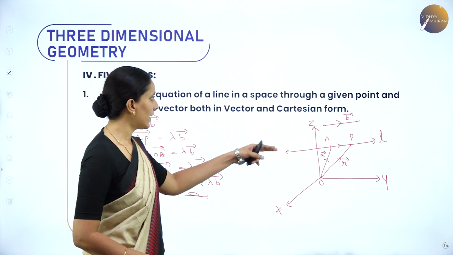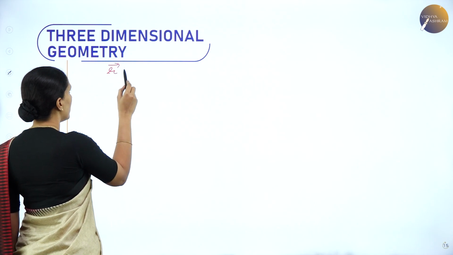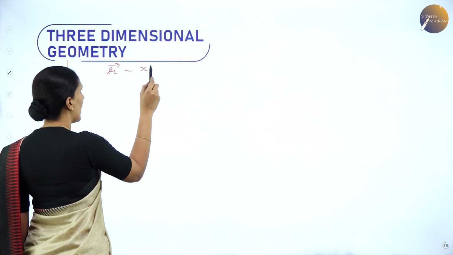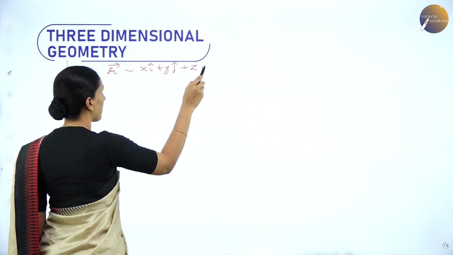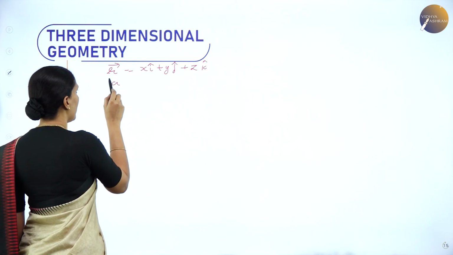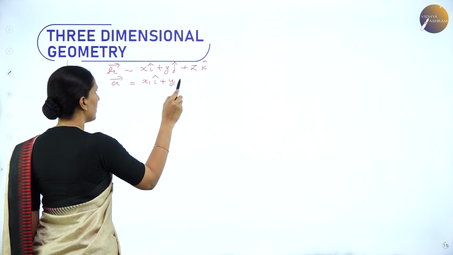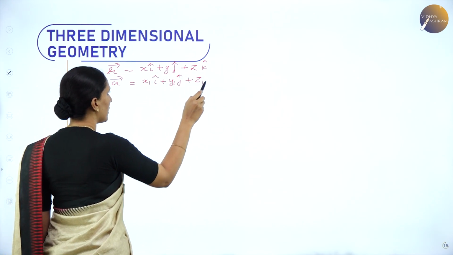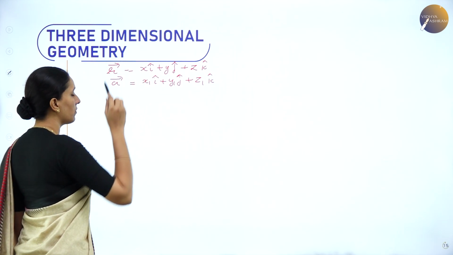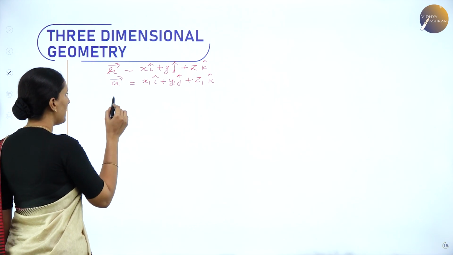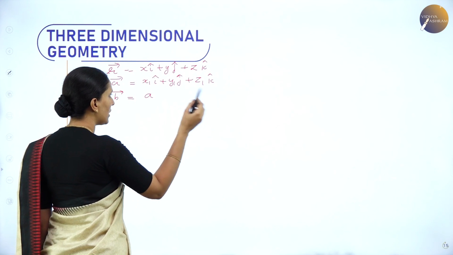So now let's take the Cartesian coordinates. Let vector R be equal to xi plus yj plus zk, and vector A is equal to x1i plus y1j plus z1k. So this is the position vector of point A, and this is the position vector of point P. Now let me consider a vector B which is parallel, whose direction ratios are a, b, c.